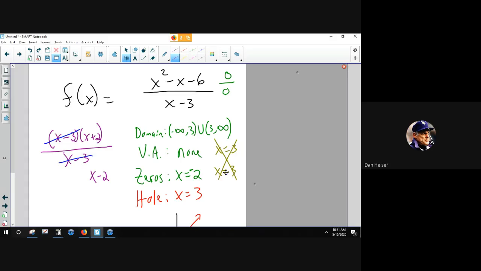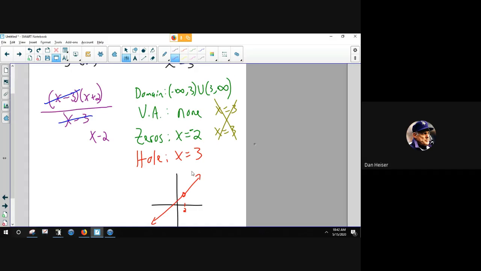Vertical asymptote and a 0 that are the same. That's bad. That creates the hole. That's why we put a hole there, because this value showed up in both of these spots. We don't put it in either spot. We create a new category. We say it's a hole in the graph at x equals 3.